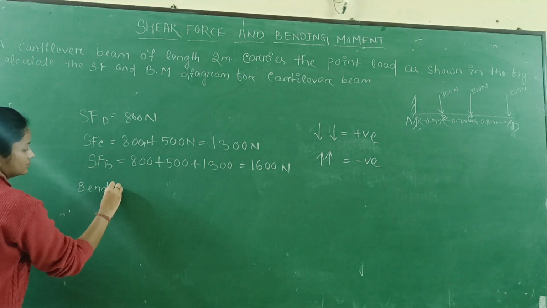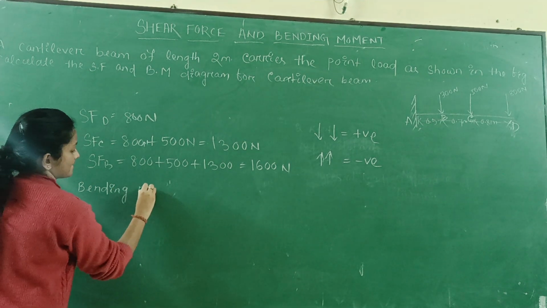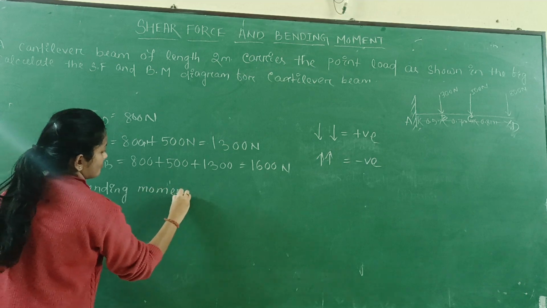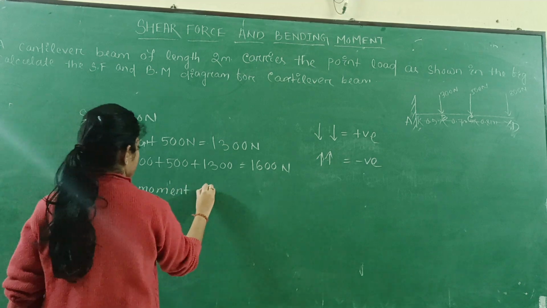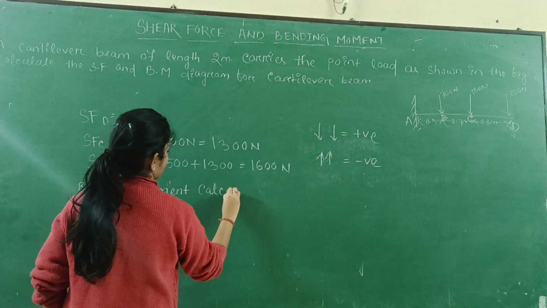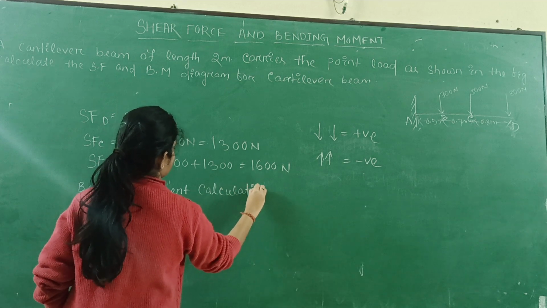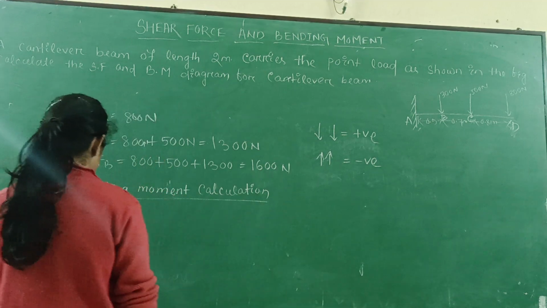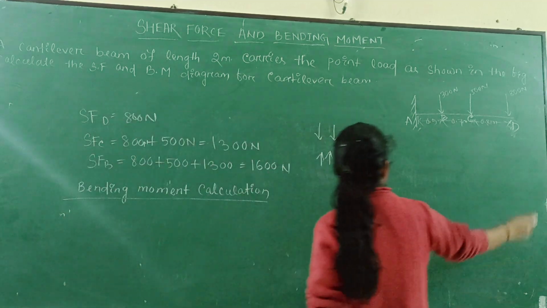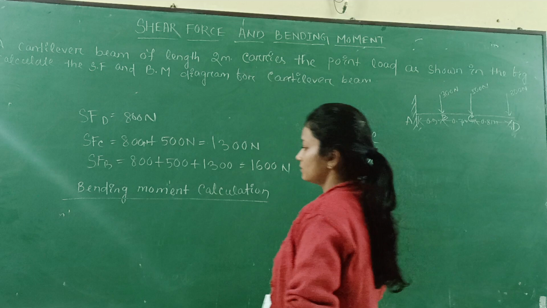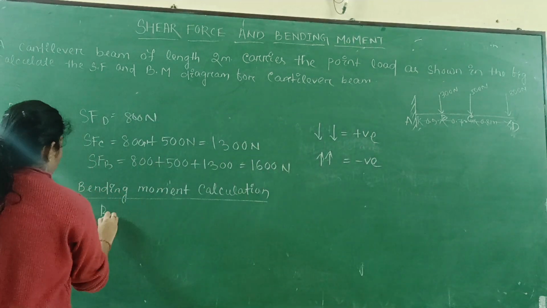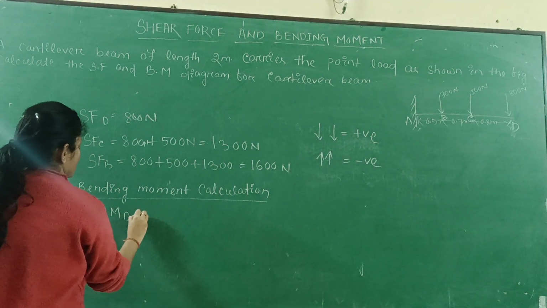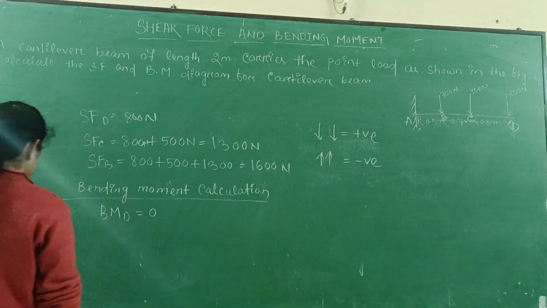Bending moment. Here there is no moment at the end of the beam. So bending moment at D is equal to 0.